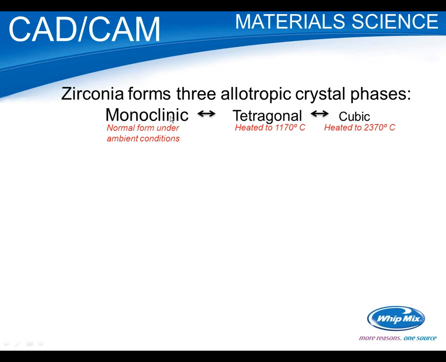So it can form in the monoclinic, and this is at room temperature. This is its normal, stable condition. So 3-dimensionally it has one structure, so there's a set distance between the atoms. There's a certain packing orientation between the atoms. As you heat it up, it can go to the tetragonal.